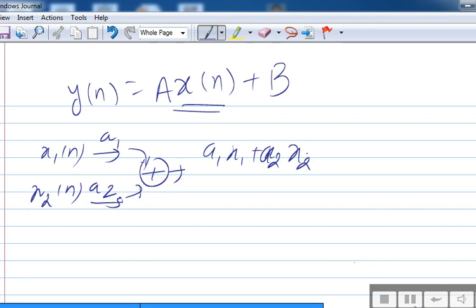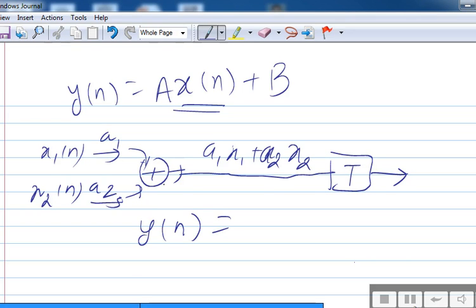Now this input is supplied to the system T under consideration. So what this output y(n) will become: a times the input. What was the system response? y is a into x(n). So whatever input is given, that is multiplied by a.